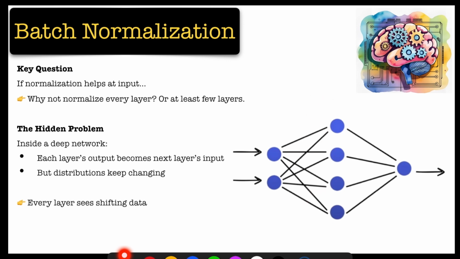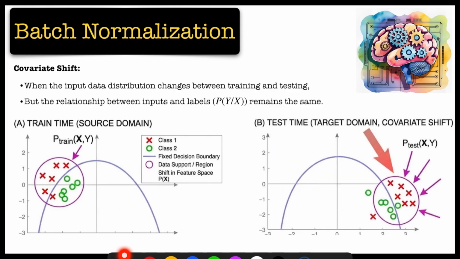So every time back propagation happens and weights are updated, for every hidden layer, the input distribution is also changing. So all the hidden layers have to adapt to the new input distribution every time, and that's the main problem. To understand that, we'll understand covariate shift.